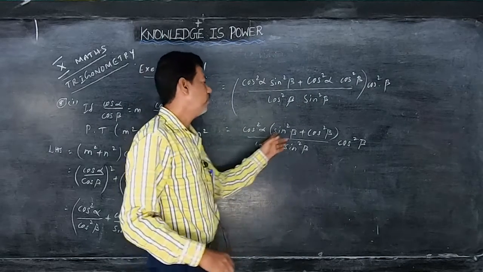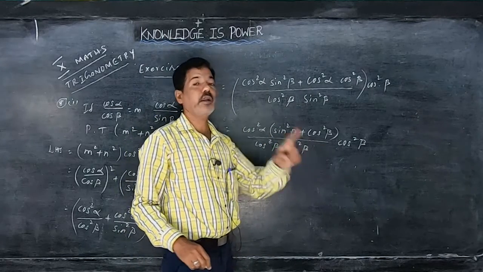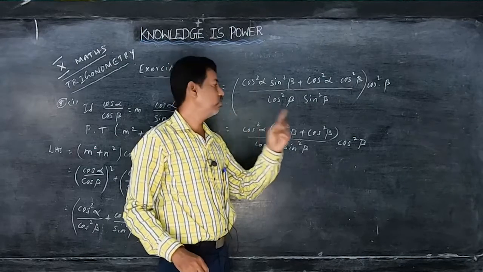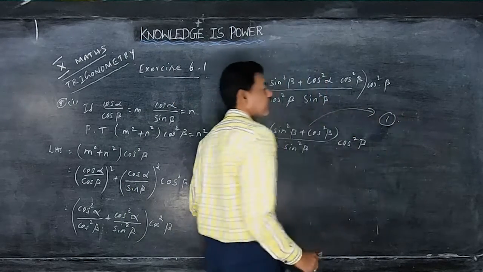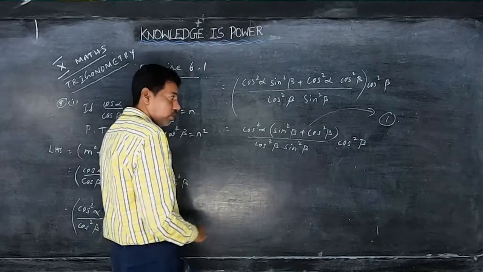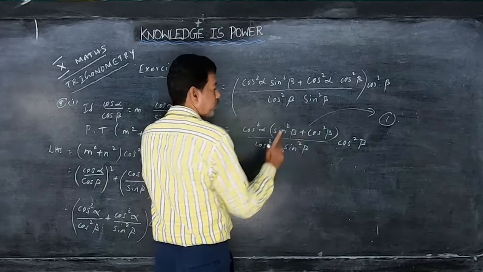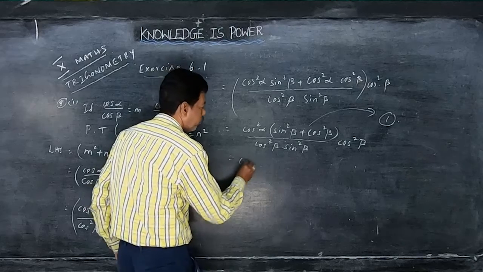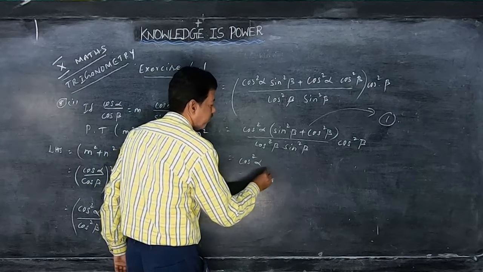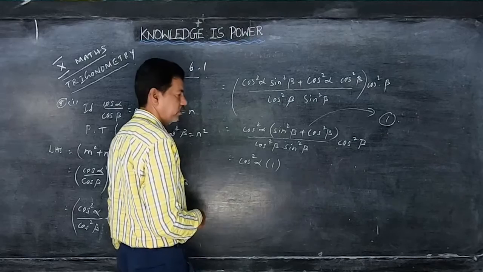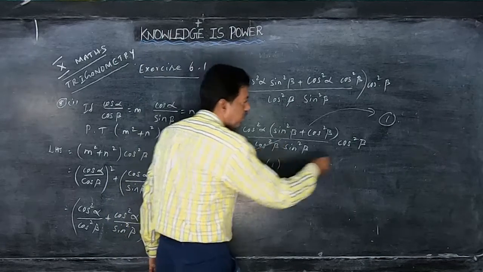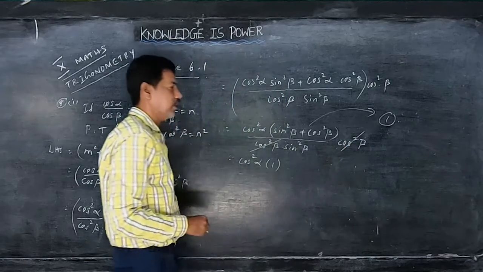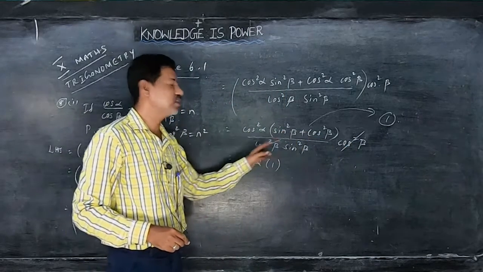Now you already know the formula: sin square theta plus cos square theta is 1. So the value of this is 1. Next step: cos square alpha into 1. Next, listen: cos square beta and cos square beta will be cancelled. Why? Because one is in multiplication and the other is in division.